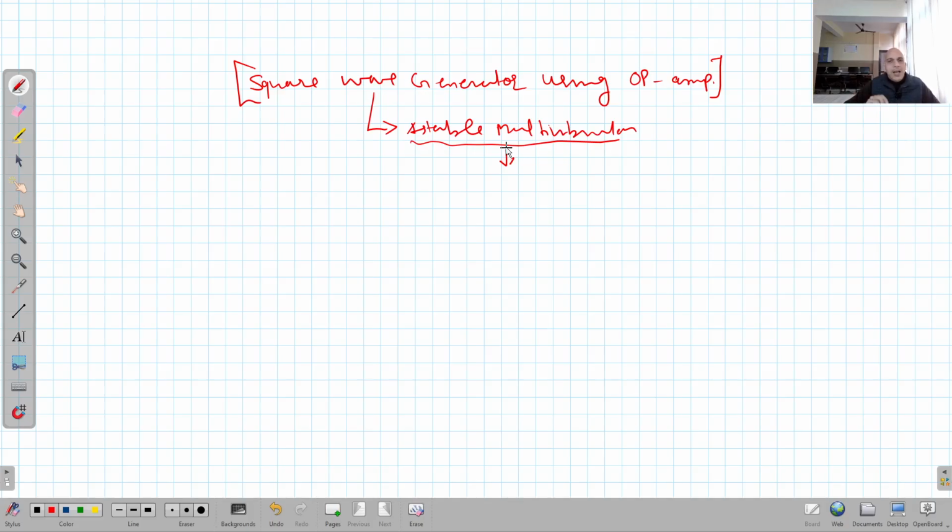So first of all, I will draw the circuit diagram of a square wave generator. Again the same thing, we will start from an operational amplifier. So this is the operational amplifier.